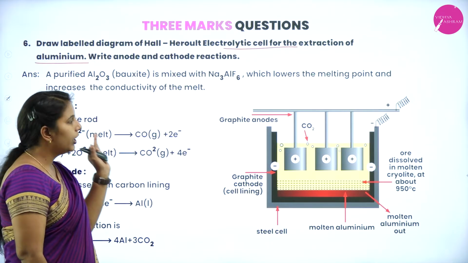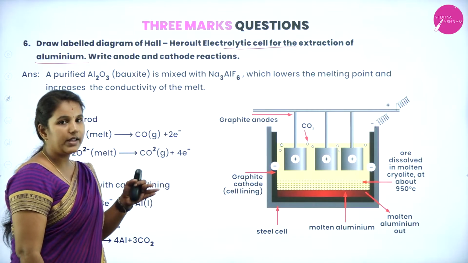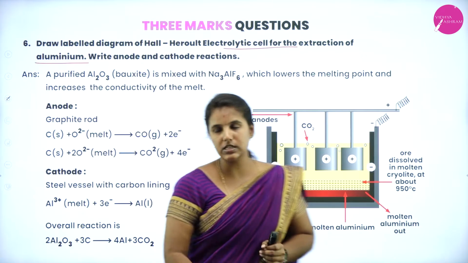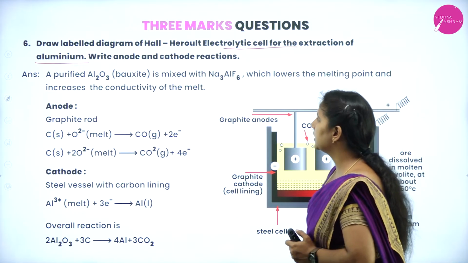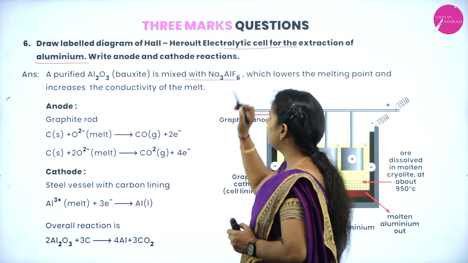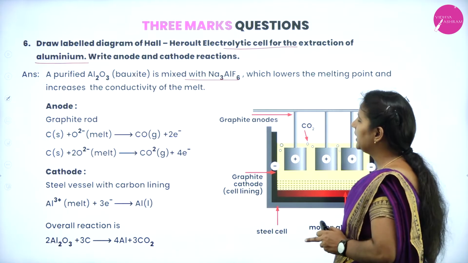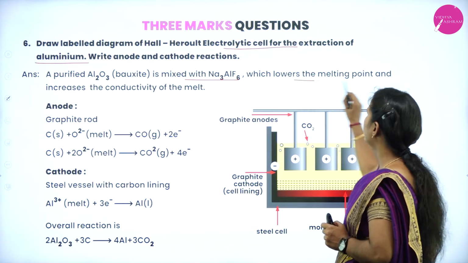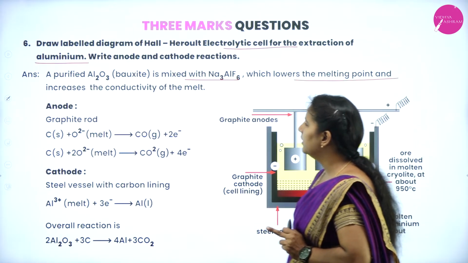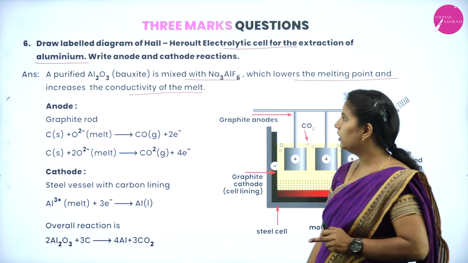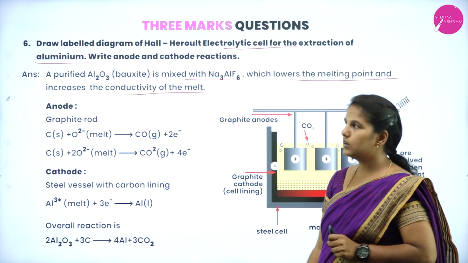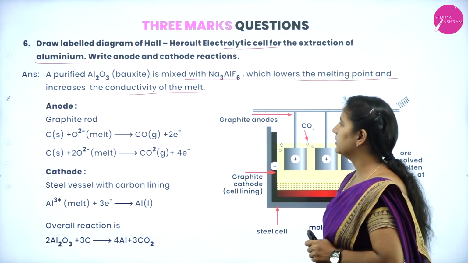For this process, you need to write what types of reactions occur at the anode and cathode. The purified aluminium oxide, which is nothing but bauxite, has been treated with sodium Na3AlF6, which lowers the melting point and increases the conductivity of the melt. Remember, this is nothing but cryolite.